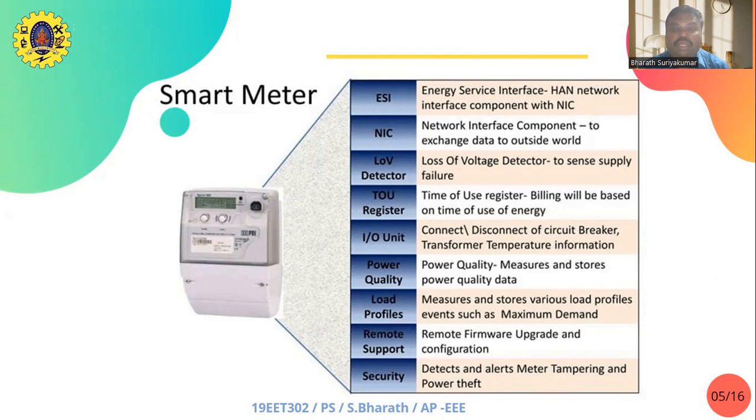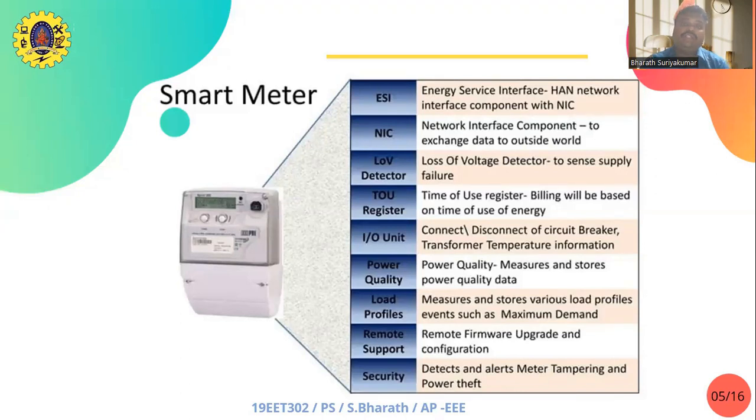Input output unit, to connect or disconnect the circuit breaker, with transformer temperature information. Power quality, measures and stores the power quality data. Load profiles, measures and stores various load profiles such as the maximum demand, along with remote support, remote firmware upgrade, and configuration. Security, detects and alerts on meter tampering and power theft. So all these things are performed by a single meter.